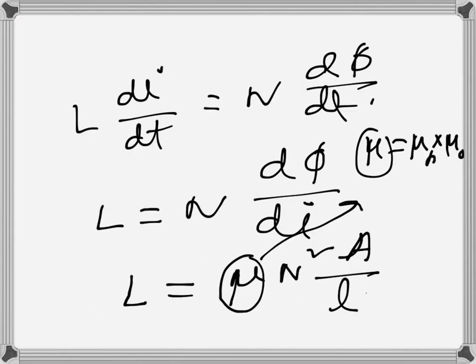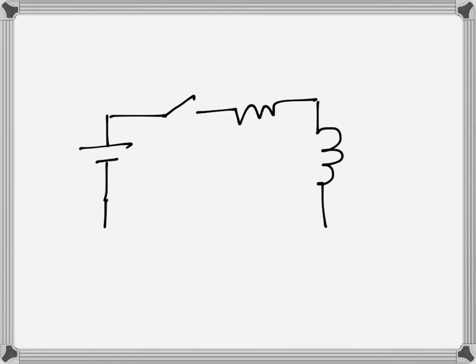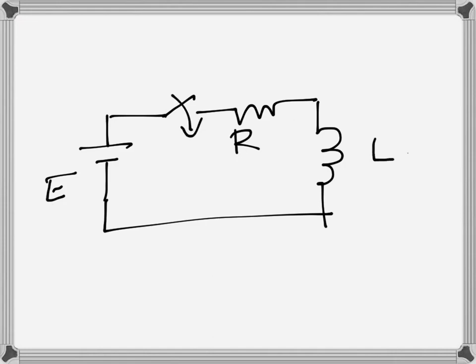So basically, if it is of higher inductance, then it will oppose the change of current even more. So if we go into a circuit with an inductance, say we have a DC circuit here, and there is a switch here, and then a resistance and inductance, an RL circuit. This is E, this is R, and this is the value of L, and at t equal to 0, this switch is closed.